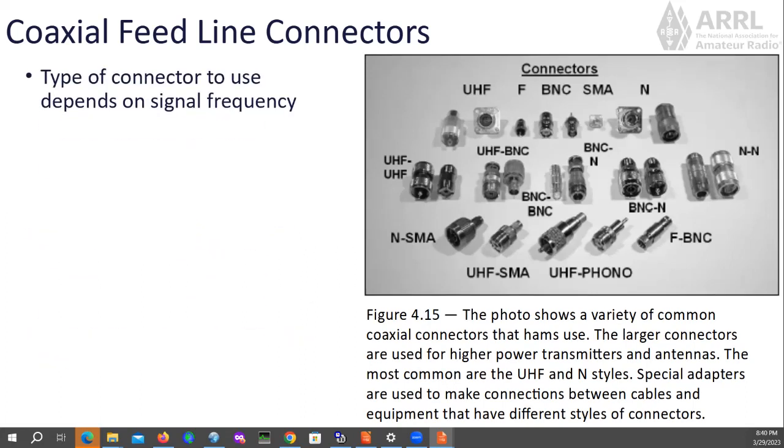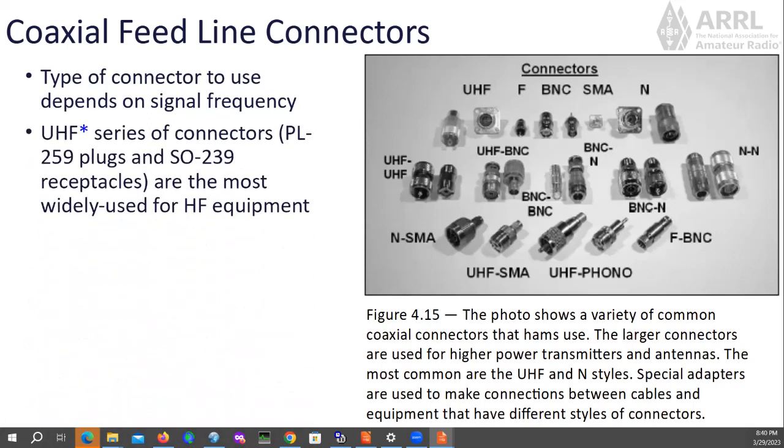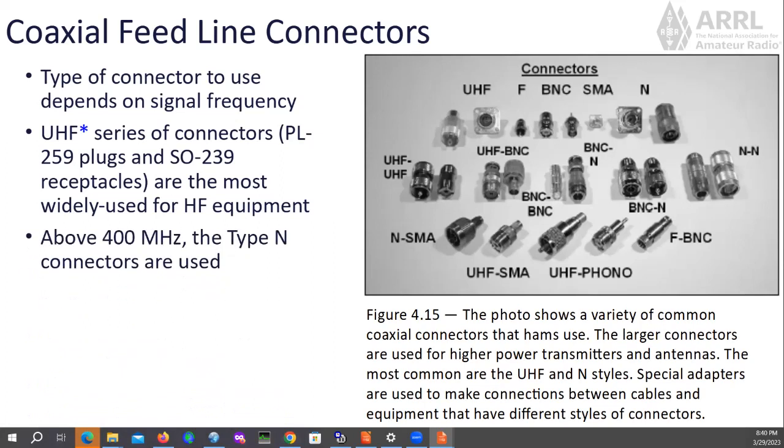Types of connectors to use depend on signal frequency. UHF series of connectors, the PL259 and the SO239 receptacles, are the most widely used for HF equipment. And here's a PL259. Above 400 megahertz, the type N connectors are used.